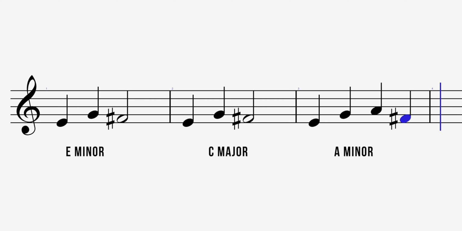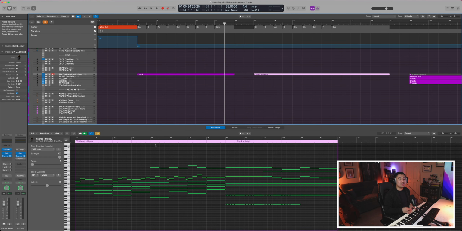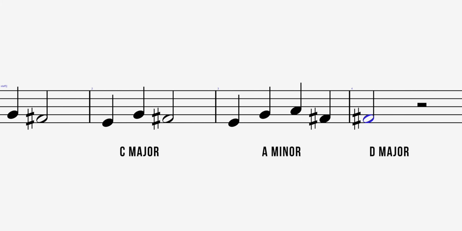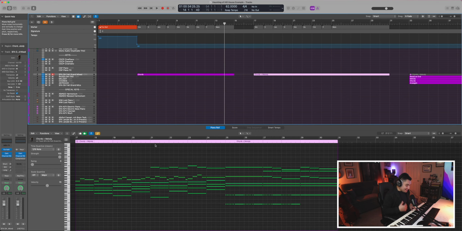We're rising up to the A and then hitting the F sharp again. And that F sharp is actually going to lead us perfectly into the D major chord. Right? D, F sharp, and A. And remember, that D major is supposed to shift us away from E minor altogether.